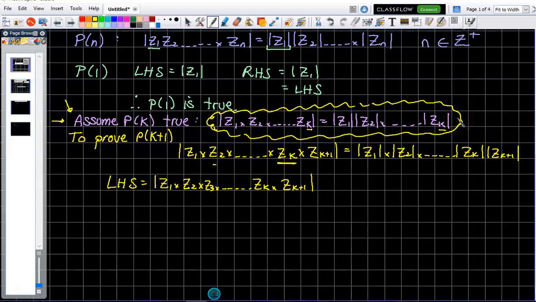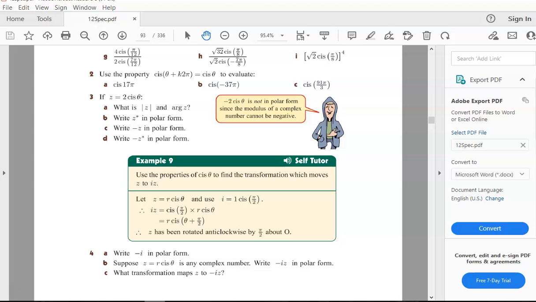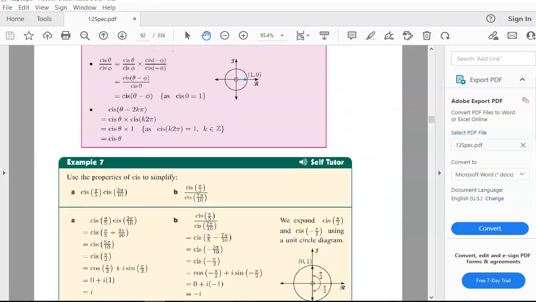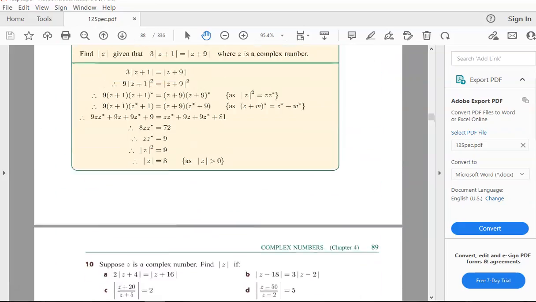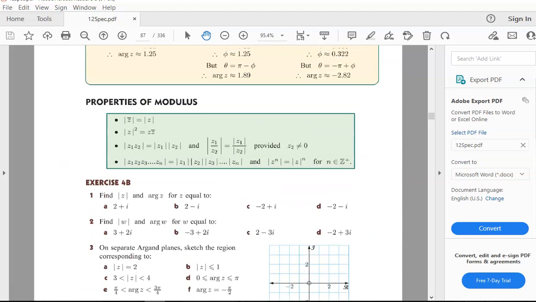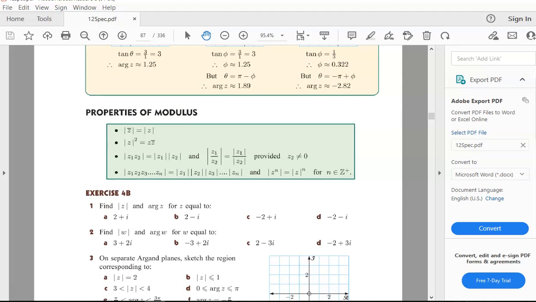And how are we meant to do that? Well, we actually do have a property that says, did they use Z1 and Z2 or Z and W? I've got to scroll back to your properties of modulus. Okay, we've got this one.